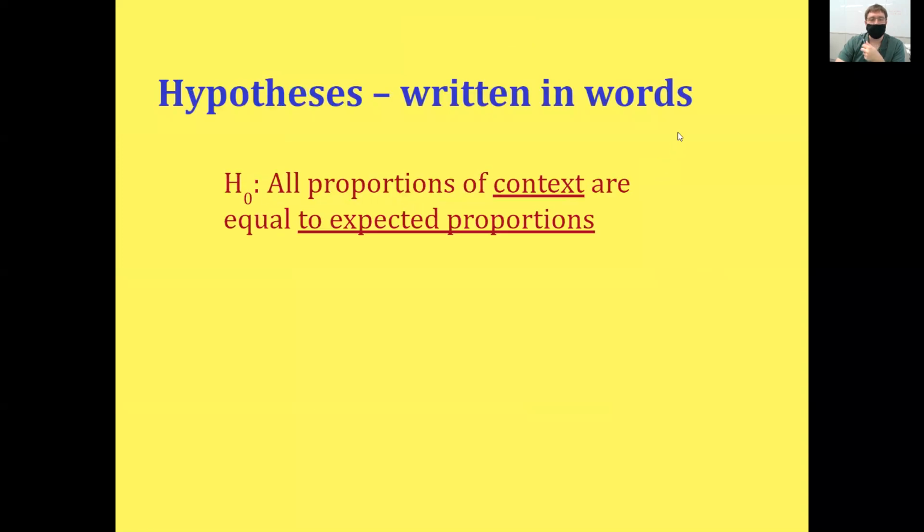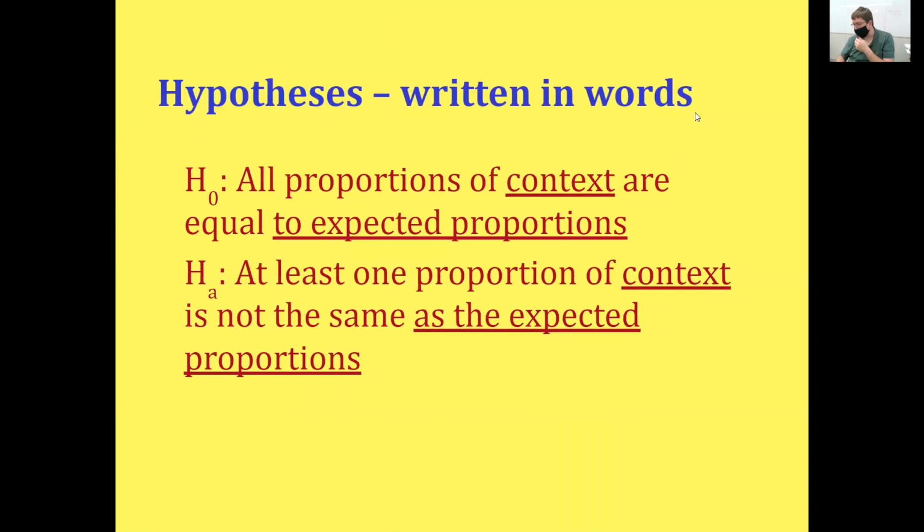All right, so hypothesis. How are we going to write our hypothesis for this? It's right there in your notes. They should look pretty similar to what we've done before. The two things we're looking at here: our original assumption, our null, is that everything is what it's expected to be. So all proportions of whatever are equal to what we thought. That should always be your original hypothesis.